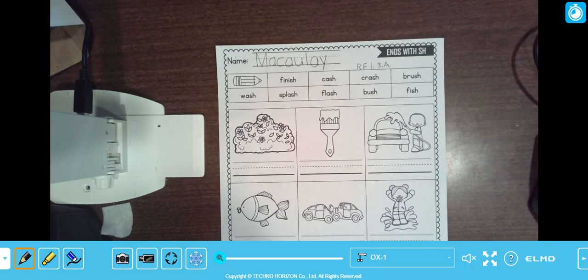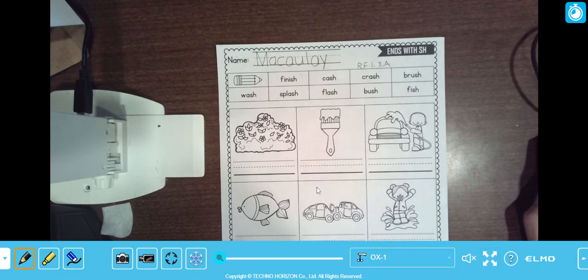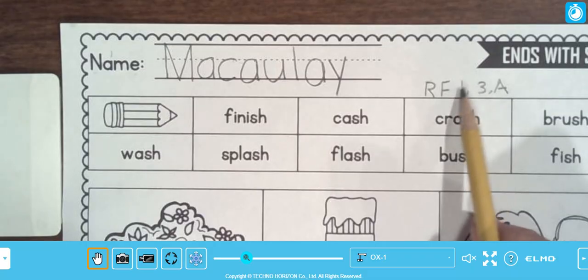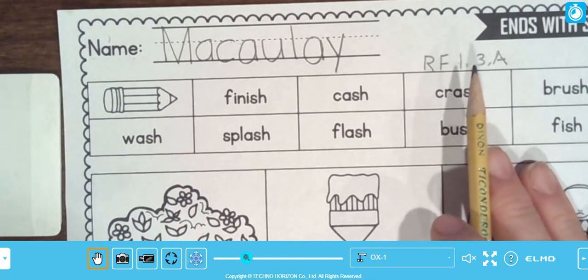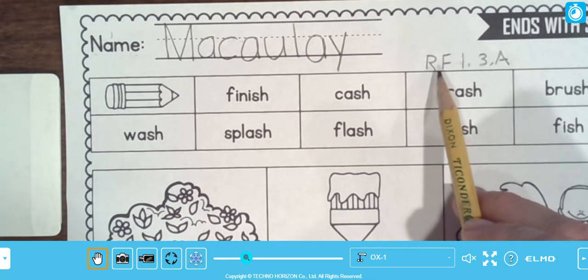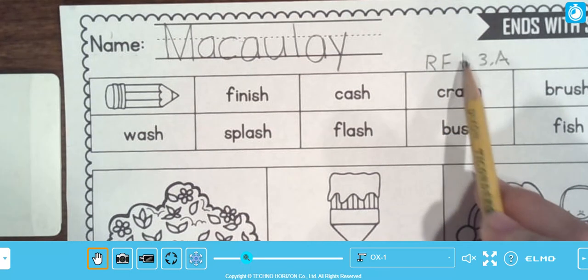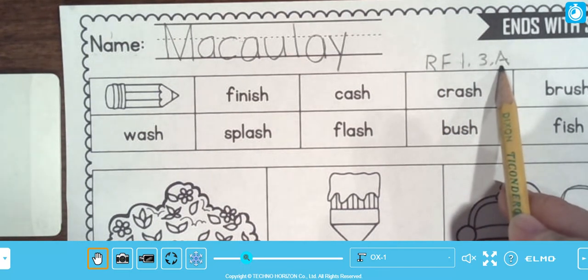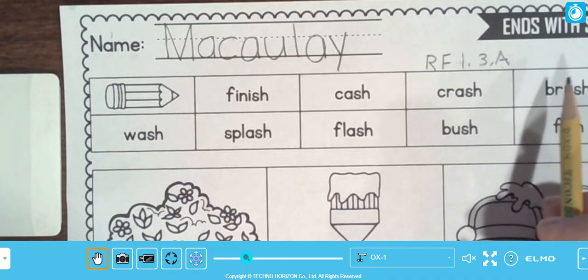Okay. Now, let's go over this standard. Right here, this standard. I just wrote it down. You don't need to write it down, okay? But today we're learning RF 1.3a, which is reading and writing digraphs, words with digraphs.